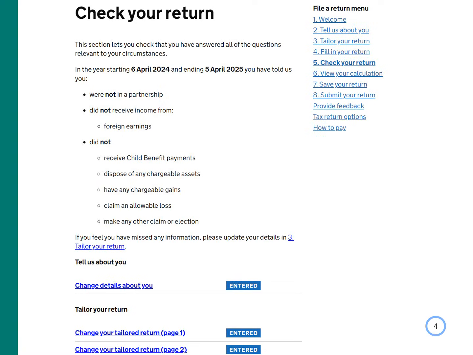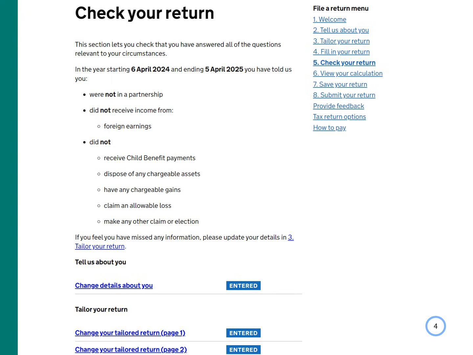Before we look at what is included in your tax calculation, I'll just remind you about the Check Your Return page of the online tax return. When you've made all your entries on the tax return, the Check Your Return page gives you a list of the types of income you've said you did not have. It also lists all the sections you've completed on the tax return.